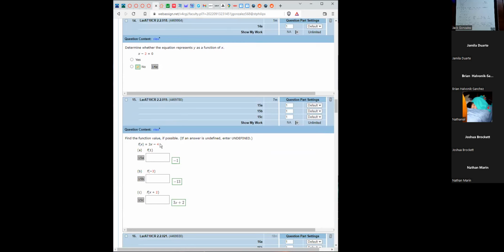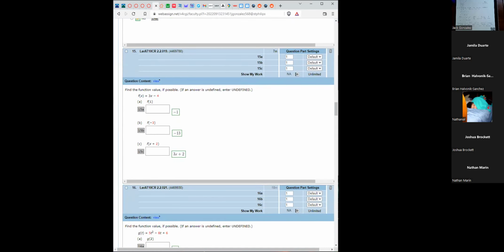So after applying the definition different ways, they're just going to want you to understand this notation. You see how right here, they're saying f parentheses 1. That means plug in the 1. So anywhere you have an x, f of 1, is how you read this, will be equal to 3 times 1.